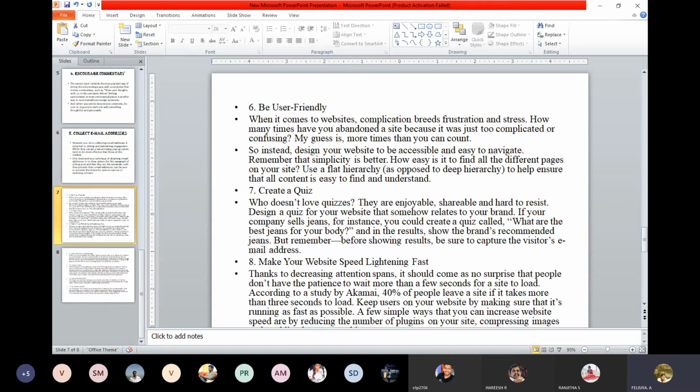They will visit your web page and read two or three sentences. If they feel that they do not understand because there are many technical terms, and maybe they have to quit, it will lead to a bounce rate, which means they will just go away from the website. So in order to make the visitors engaged in your website, you should be user friendly.